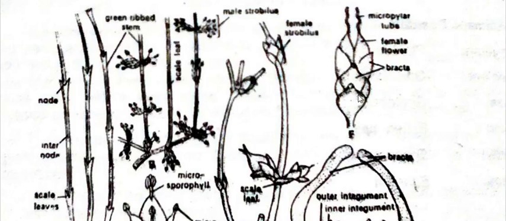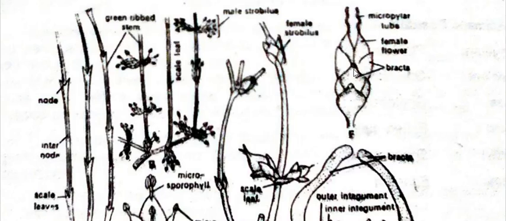Then the bracts which are present in this female cone are decussately arranged. This is one pair of bracts, one in front and the other on its back side, and this is the second pair of bracts which is present at right angle to the position of the first pair of bracts.